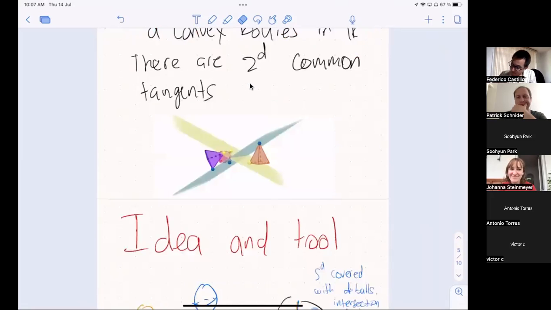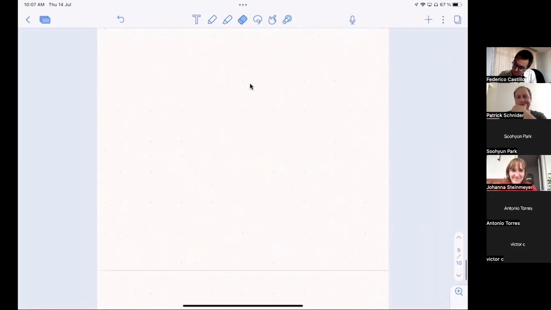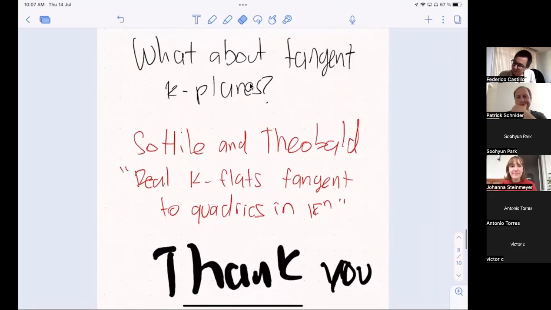Oh, by the way, what they do, I will say. So here they say, if you have the right number of quadrics in Rn, it has to be certain number depending on n and on k, then there is a finite number of k flats that are tangent. Okay, but these arguments are over the complex numbers.